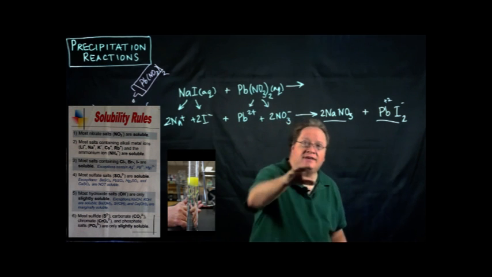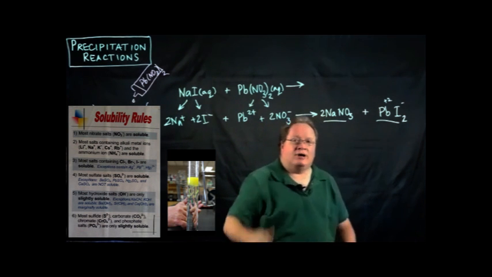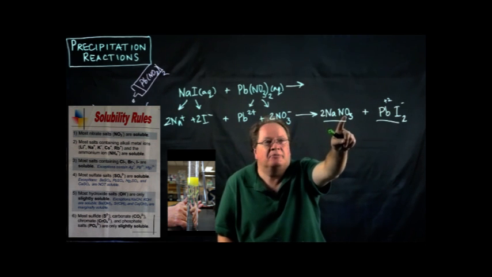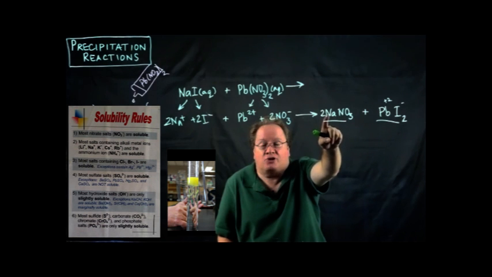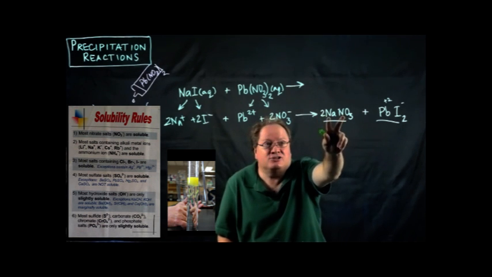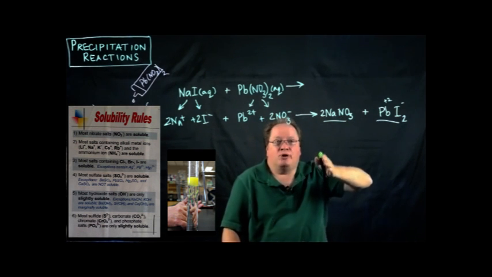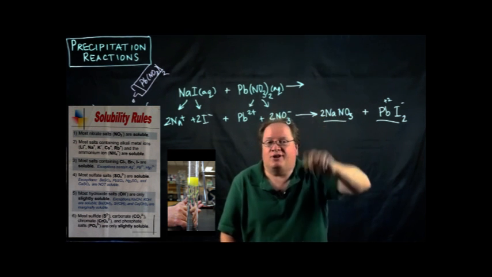So which one of these two are the precipitate? Well, the one thing I know is rule 1 said nitrates, they're soluble. I think it was rule 2 that said that alkali metals are soluble. So I got 2 strikes against sodium nitrate being the actual precipitate. Both of those rules would say that this thing would just fall apart.